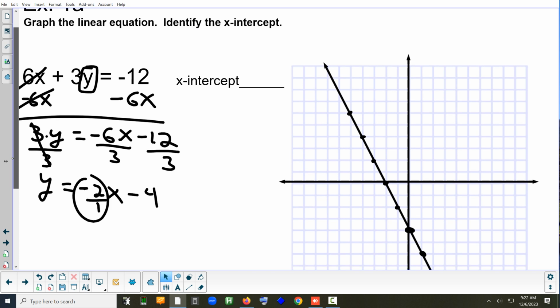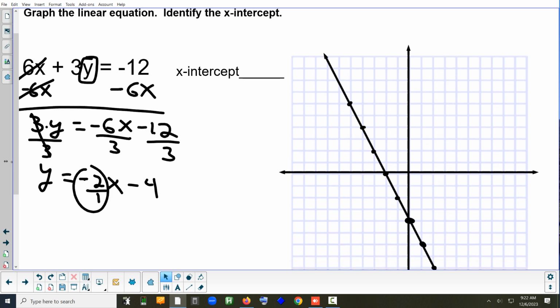Okay, so now the other thing that they want here is the what? They asked us one more thing in this question. Identify the x-intercept. If you draw a good enough graph, especially if you use a ruler and the graph paper I give you, you should be able to see it pretty clearly.